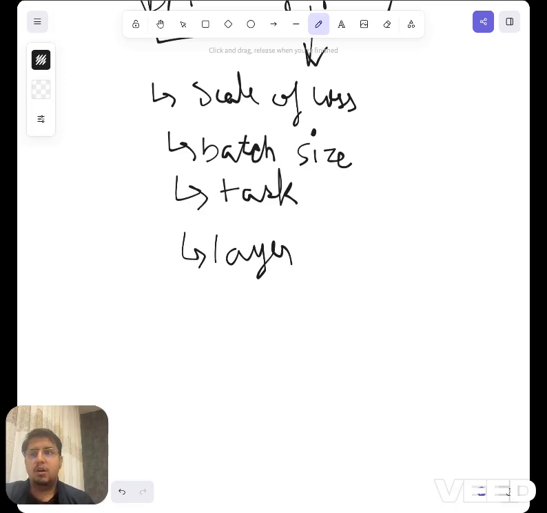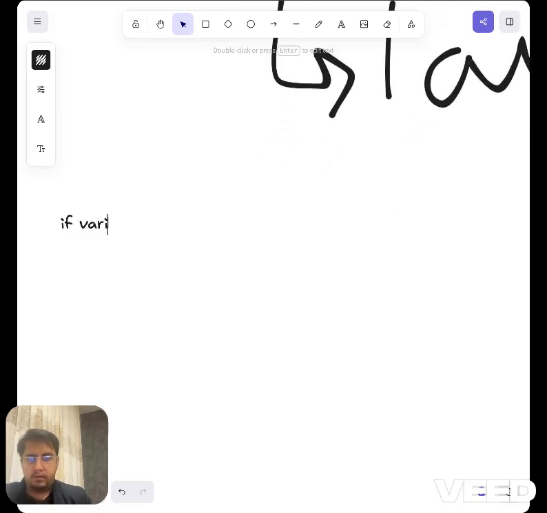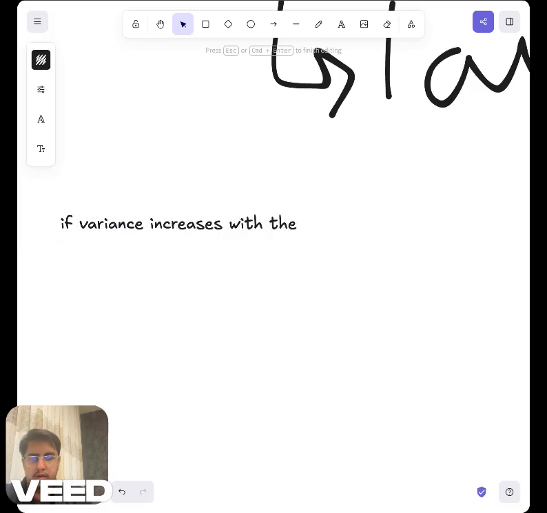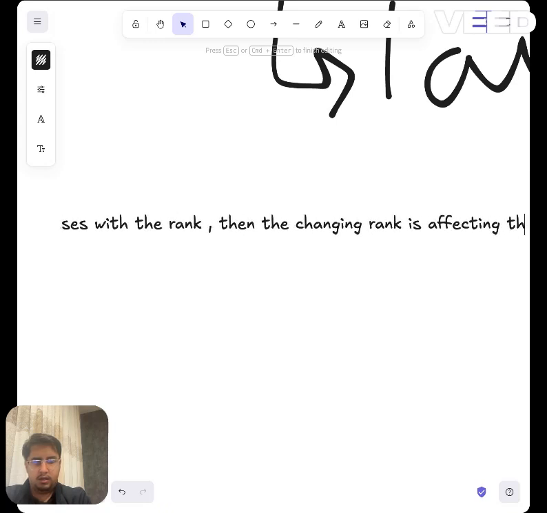If the variance of B times A times X increases with the rank, then the changing rank is silently affecting the learning rate.